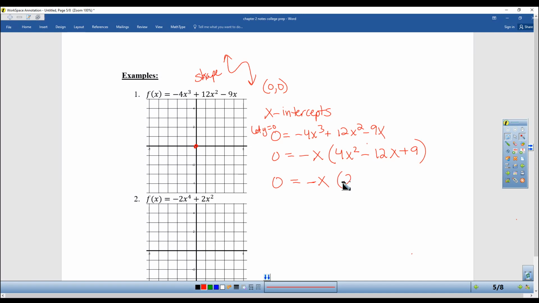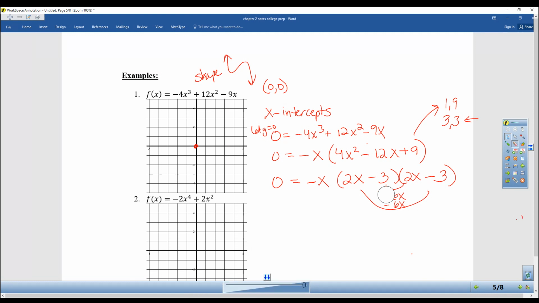So this is 2x and 2x, the first and the first. It could be 4 and 1. Like I said, it's just practice and how you end up picking them. But for 9, you have a choice between 1 and 9 and 3 and 3. I always pick the numbers that are closest together first. So I try 3 and 3, and sure enough, my inners are 6x, my outers are 6x. If they're both negative, that would work. And if they're both negative, then that would give me a positive 9. So I feel good about my factoring.